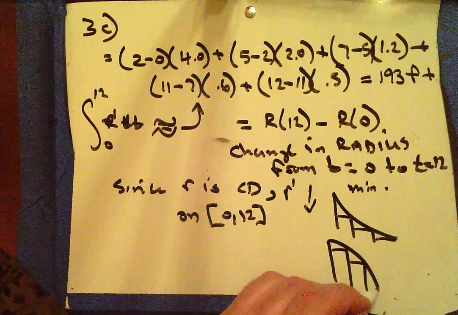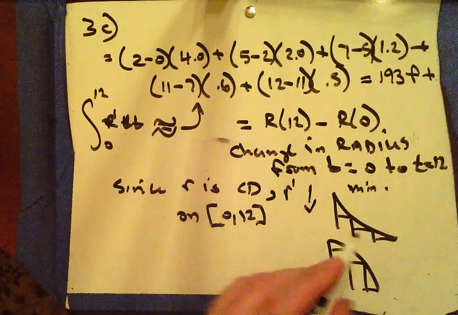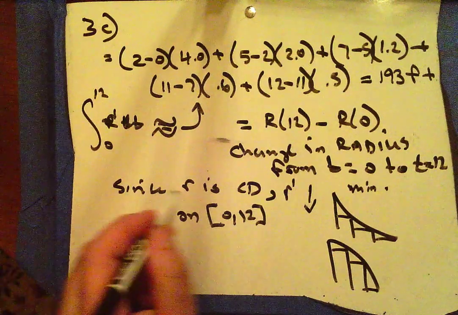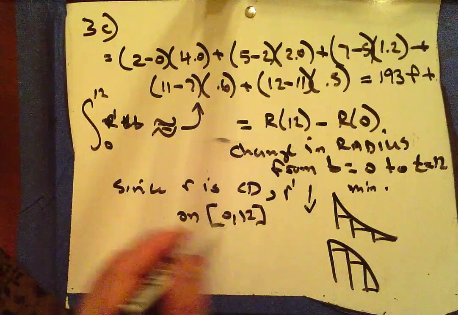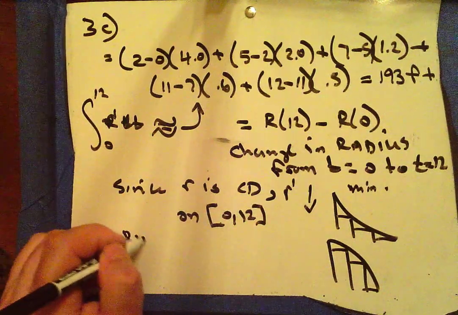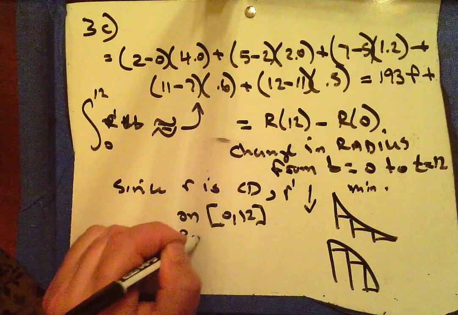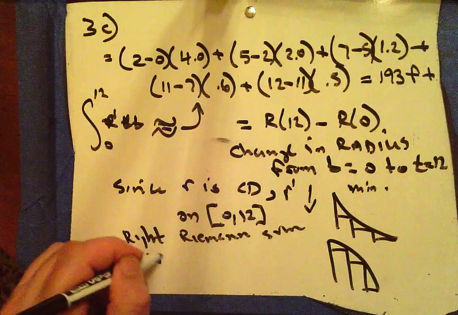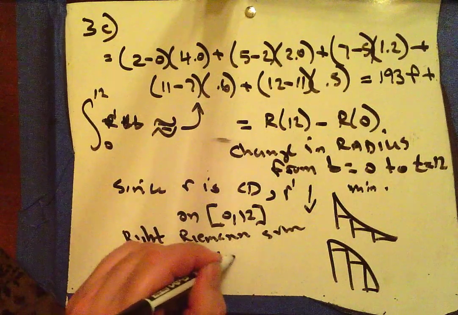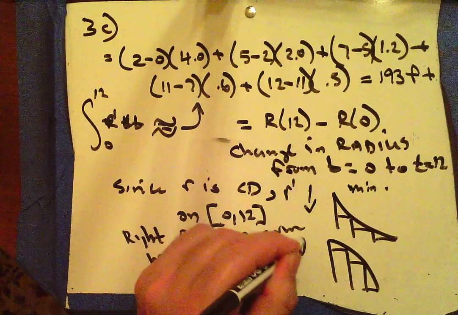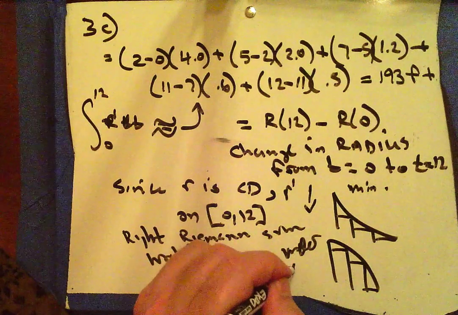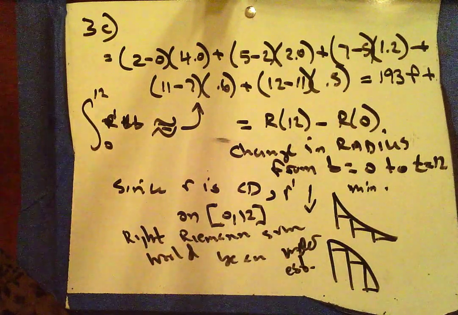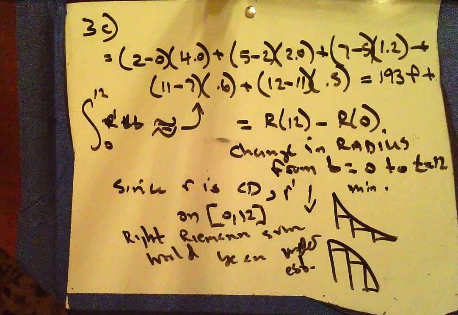Right Riemann sums, since r prime is decreasing, a right Riemann sum would be an underestimate. Okay, there's 3D.